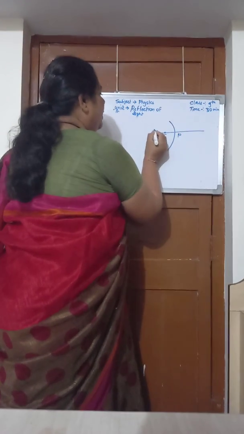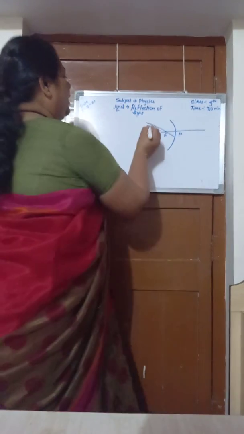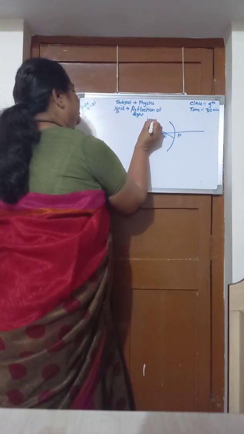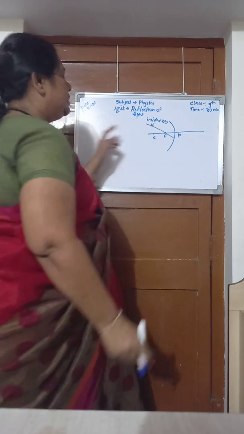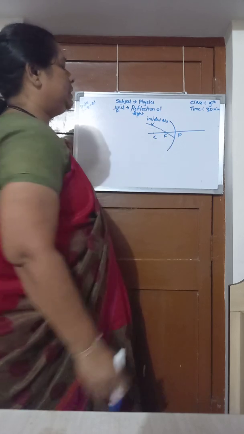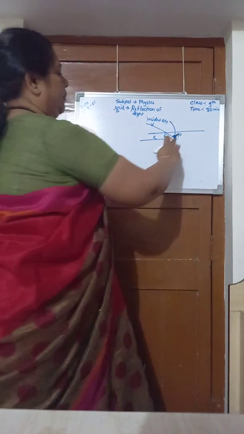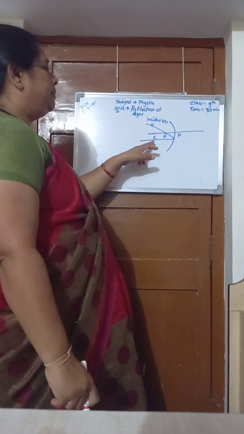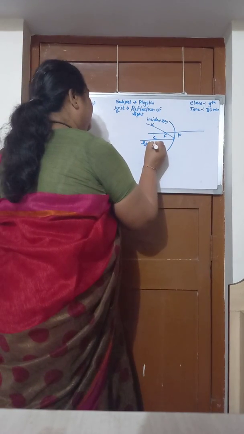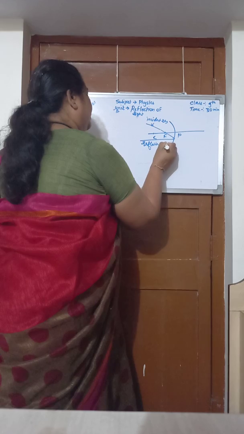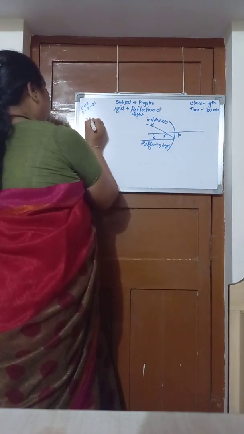When the incident ray passes through the principal focus, then the reflecting ray will be parallel to the principal axis. This is the reflecting ray. Okay.